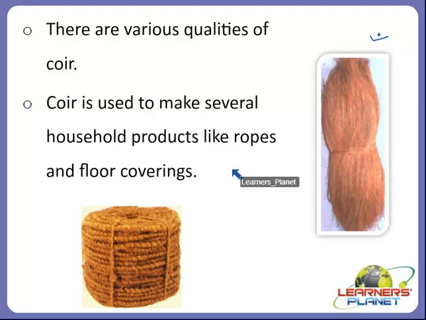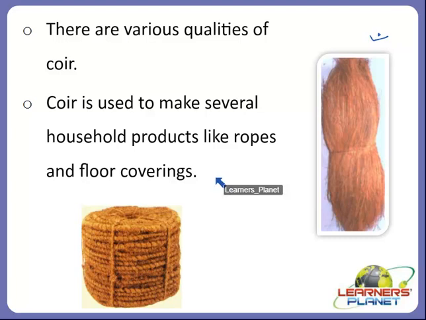And you will be very amazed to know that India is one of the major exporters of coir, of this fiber. Other major exporters are Sri Lanka, Thailand, Malaysia, Indonesia, and India is also one of them.